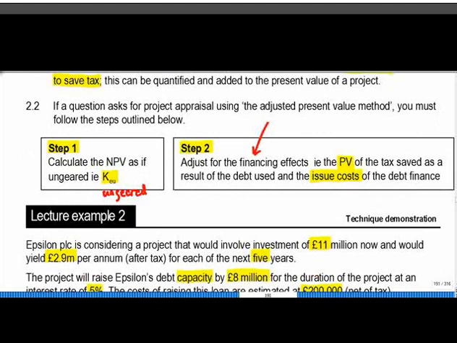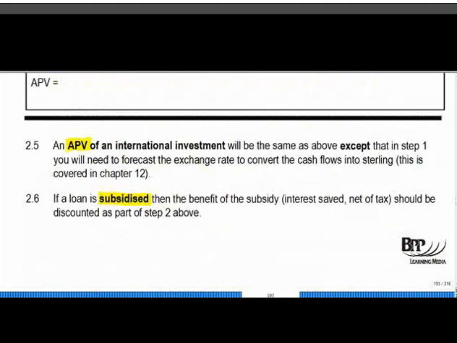And that doesn't make any sense, because clearly if you've got a subsidised loan, a zero interest loan, that must be worth something. So where you're faced with this situation, you should work out the benefit of the subsidy, how much interest it has saved you, and calculate the benefit of that net of tax relief. Discount it as part of step 2, so discounting at 5% if that's your normal cost of debt, as we did in step 2 of the lecture examples that we've just gone through.